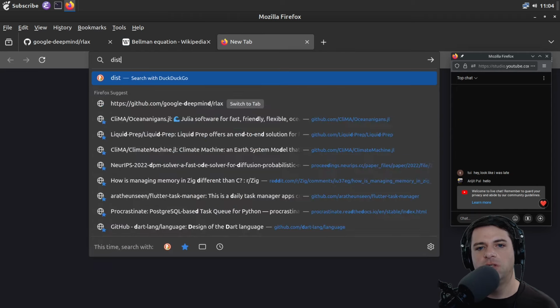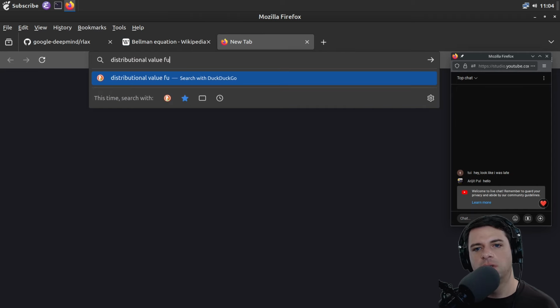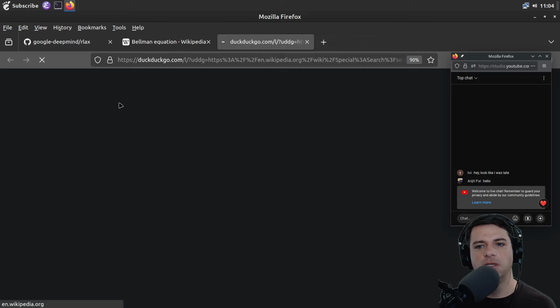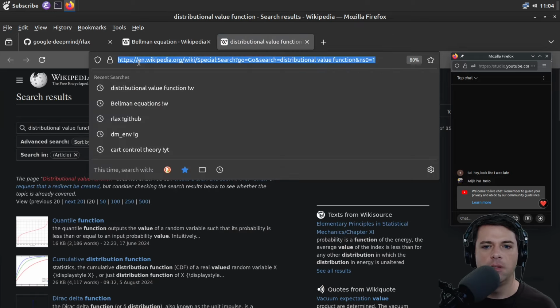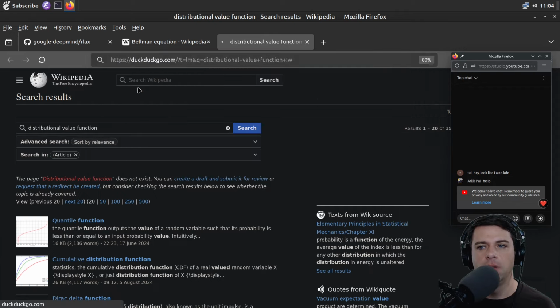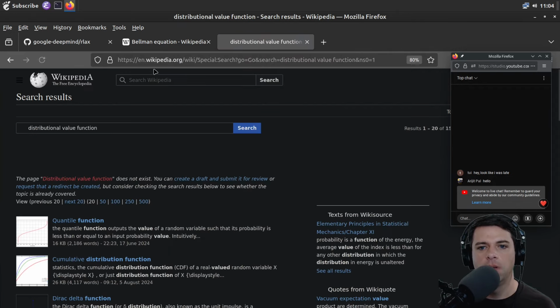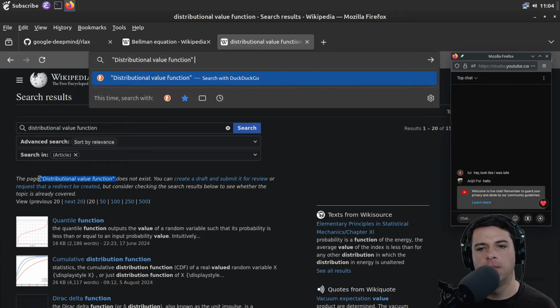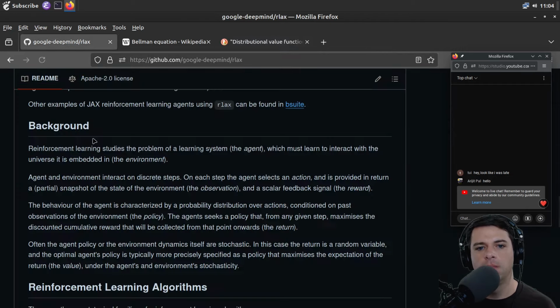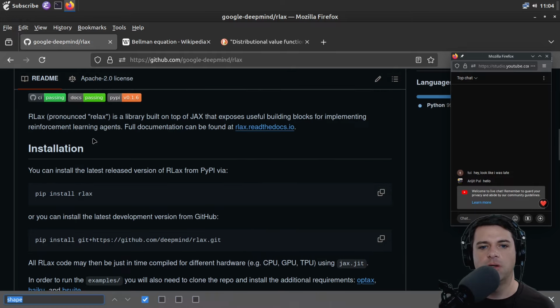And what is a distributional value function? Any chance this has a Wikipedia entry? No? Is that what it called it? I think that's what it called it, right?